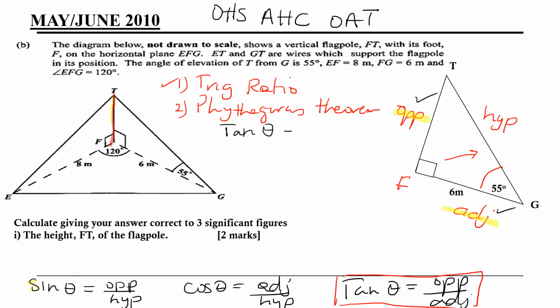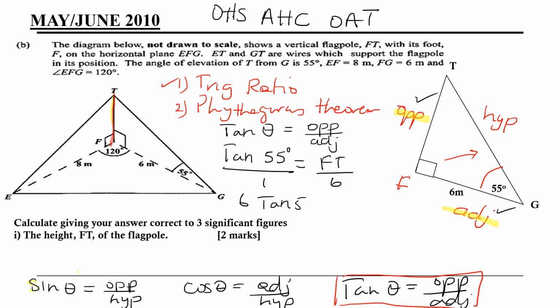I always like to write it out first: the opposite over the adjacent. So tan of the angle 55 equals, we don't know the opposite, which is the flagpole FT, over 6. That is over 1. So we're going to get 6 tan 55 equals FT.